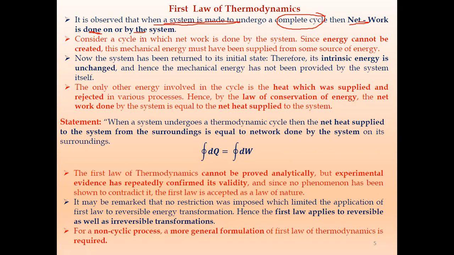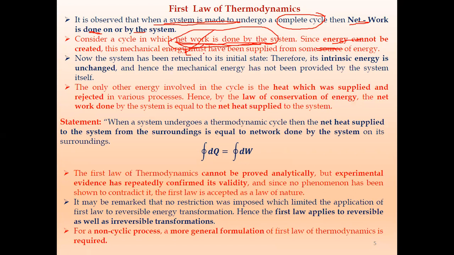So for example, consider a cycle in which net work is done by the system. Now since energy cannot be created, and net work done is nothing but mechanical energy, this mechanical energy must have been supplied from some source of energy. This net work cannot be done without supplying any energy.